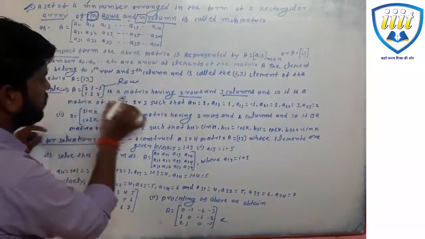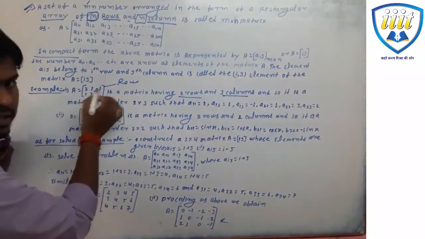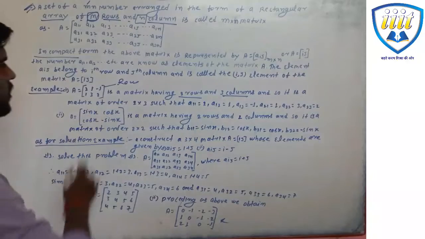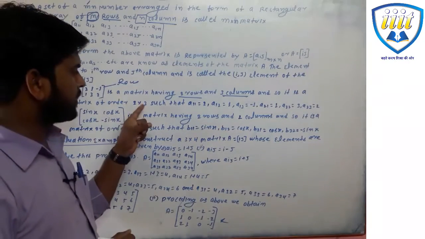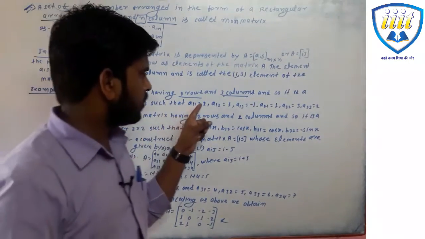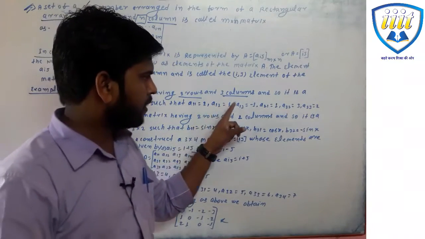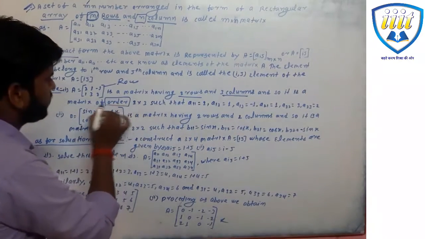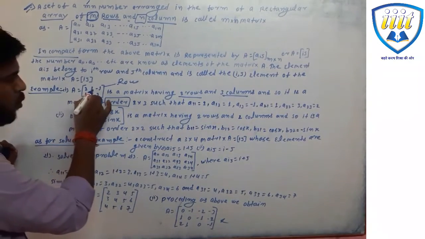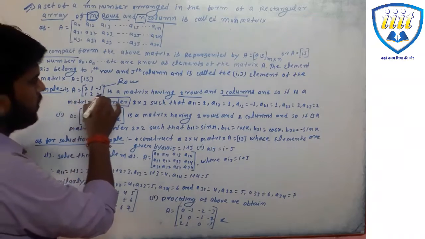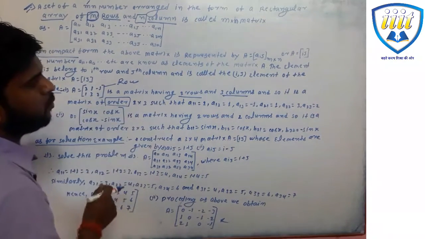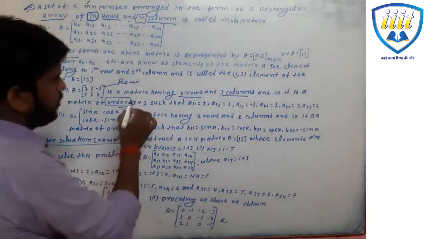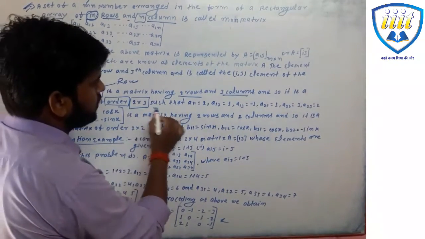So it is a matrix of order 2 multiplication 3, such that a11, a12, and so on.